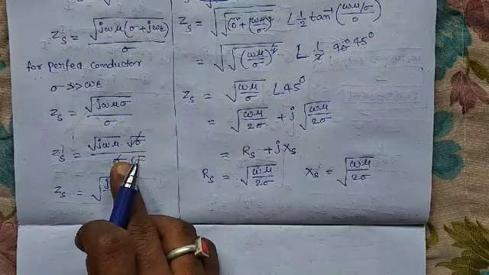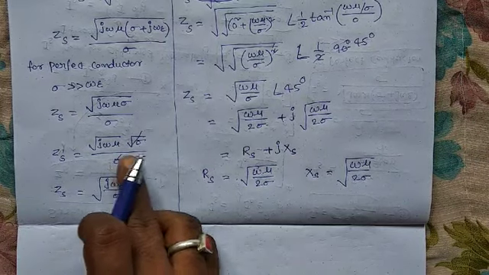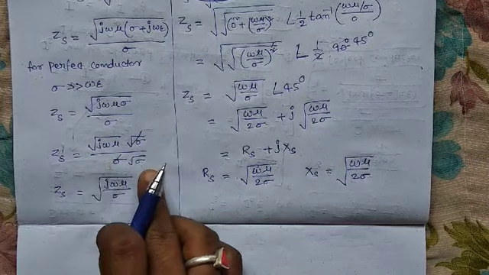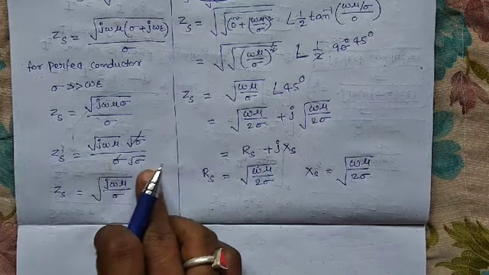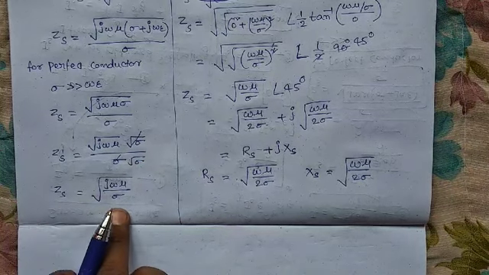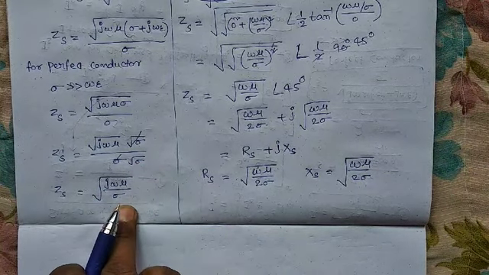Now all are in roots, and we write it in a single root: Zs is equal to the square root of j omega mu by sigma.